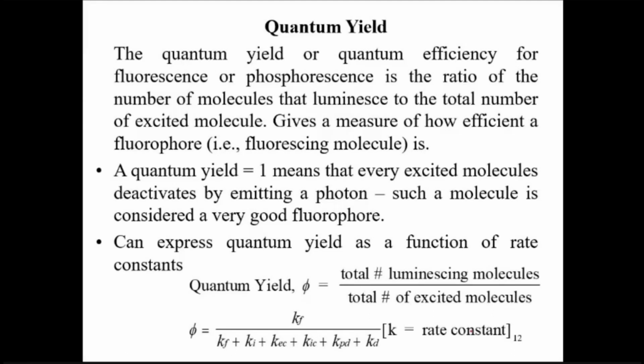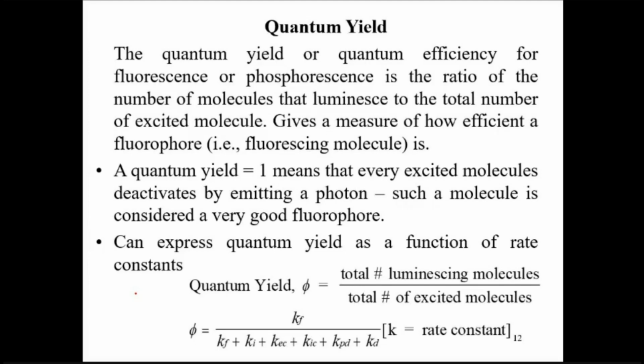If those concepts are clear, there is one more additional concept. It is called quantum yield. Now, quantum yield, theoretically, is very easy to understand. Suppose you have 100 molecules. Out of those 100 molecules, suppose 50 molecules are getting excited.